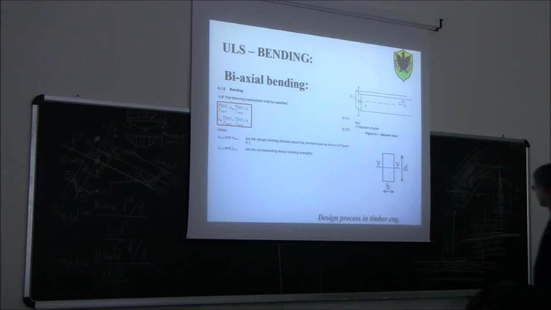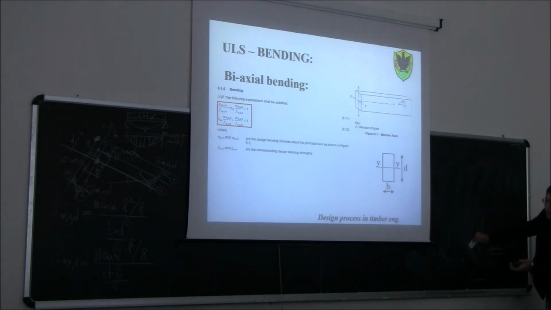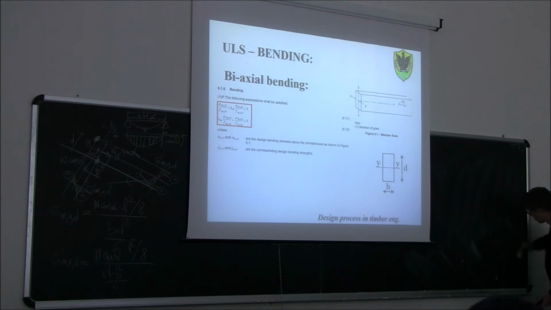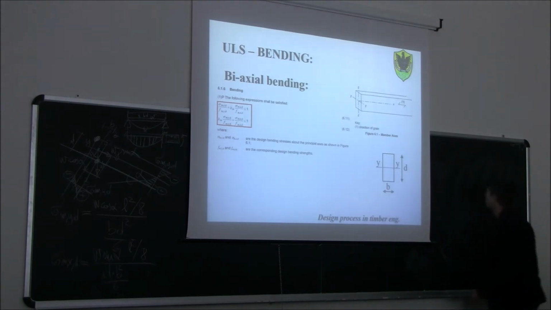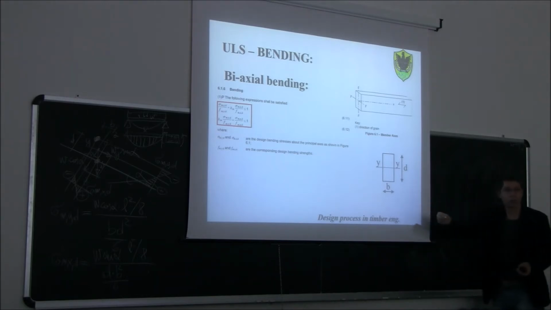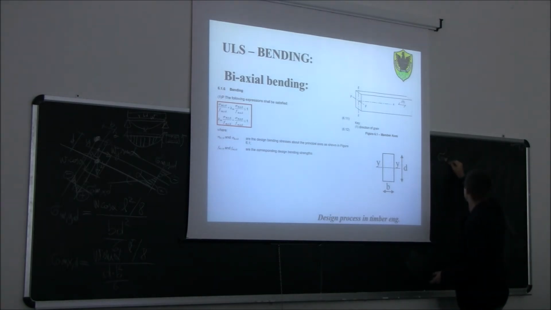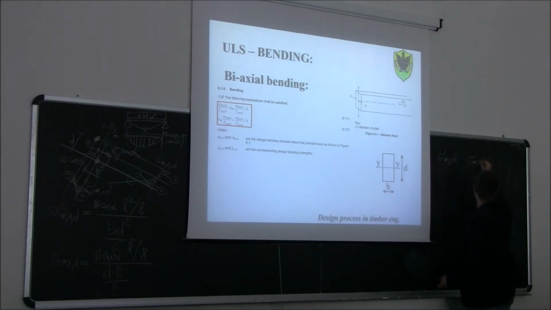So what would you be doing with this sigma m y d and sigma m x d? We have to see that it is under the sigma admissible. Yes. So what do I need to do with these two? So I have sigma m y d and sigma m x d.